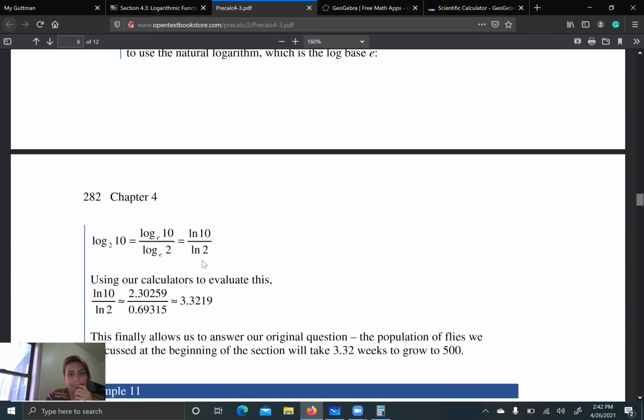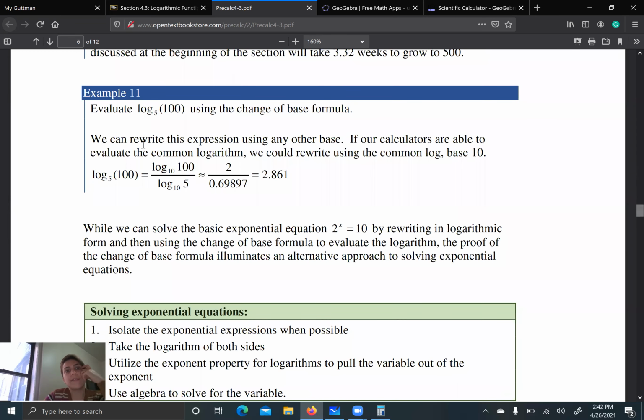For example, look at this one. We have log of 100 to the base of 5, right? Alternatively, let's say I want to use log to the base of 10, the common log. Then you can rewrite this as a quotient of log of the input value 100 to the base 10 over log of 5 to the base 10.